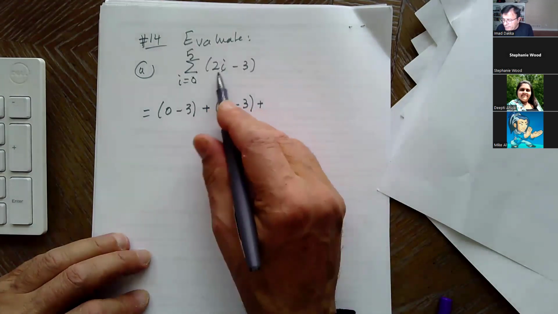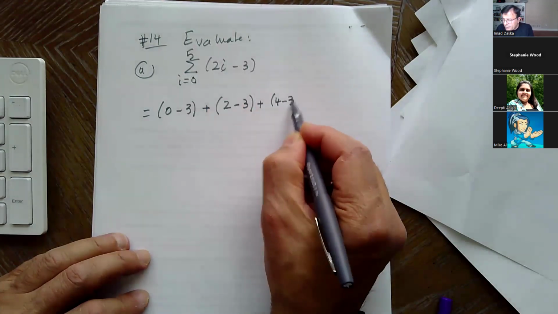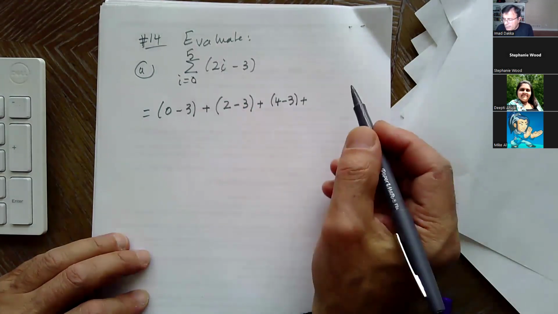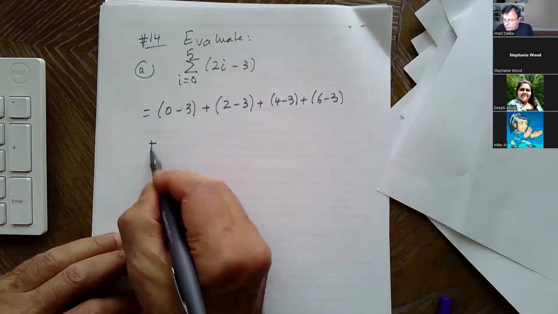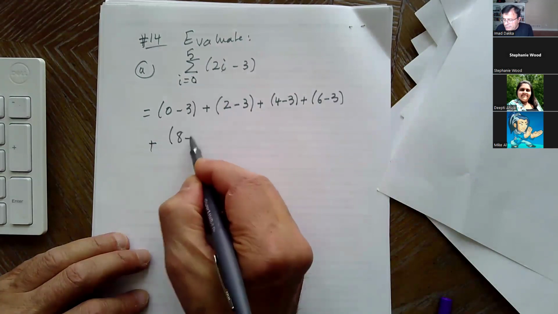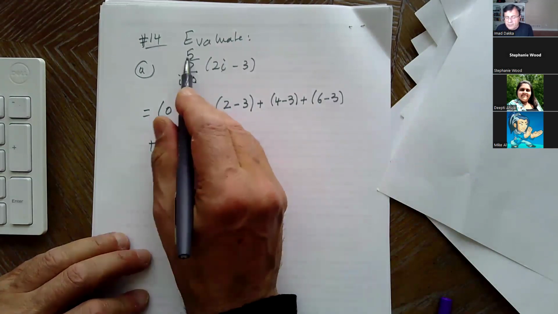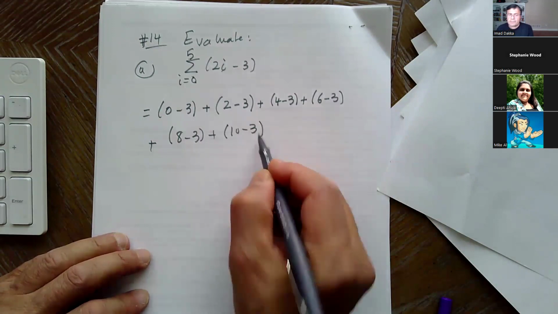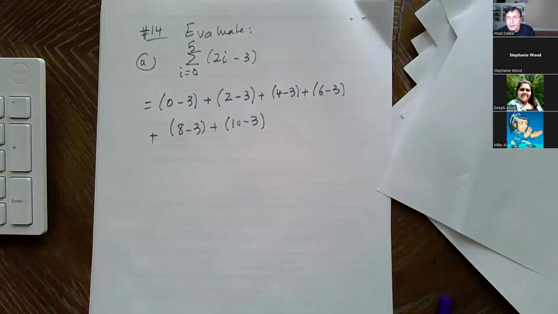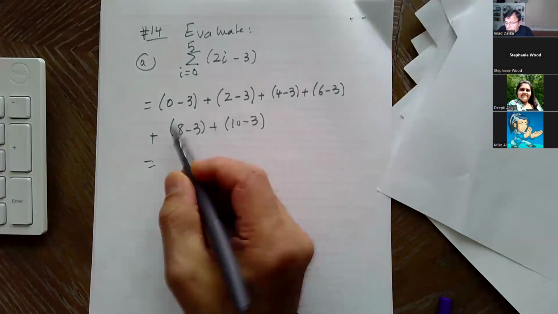Plug 2 in. 2 times 2 is 4 minus 3. 3: 2 times 3 is 6 minus 3. 4: 2 times 4 is 8 minus 3. And then the last one is 5: 2 times 5 is 10 minus 3. That's all you have to do in this one, okay? And then you just have to calculate it, of course.